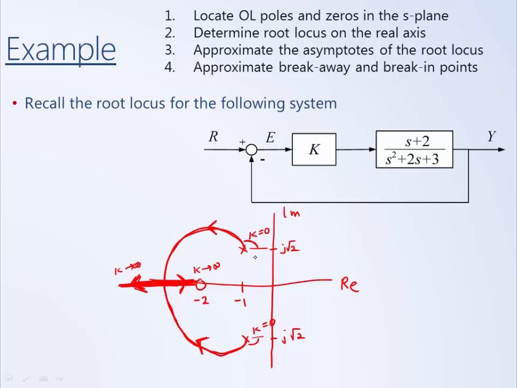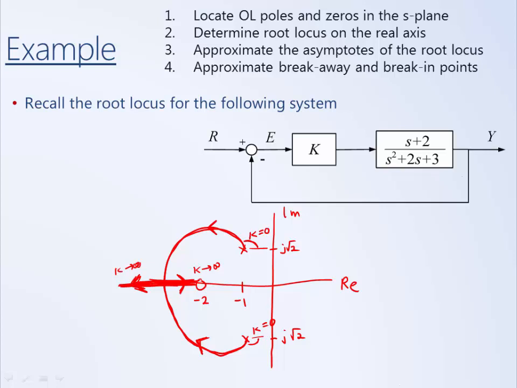Technically, it could go flat or it could go underneath. But for our purposes, we're okay with not knowing precisely what the angle of departure is or the angle of arrival.